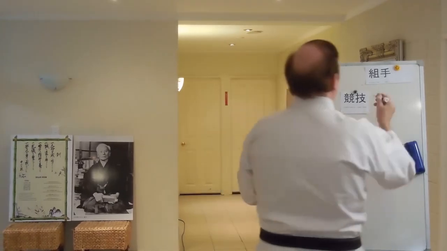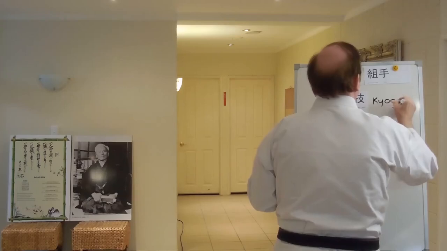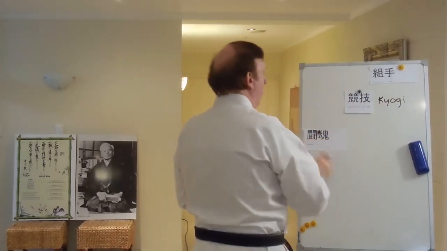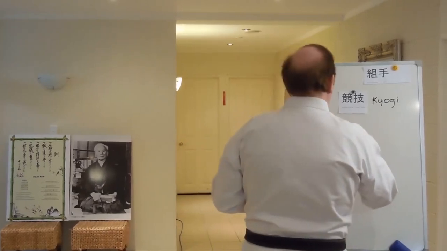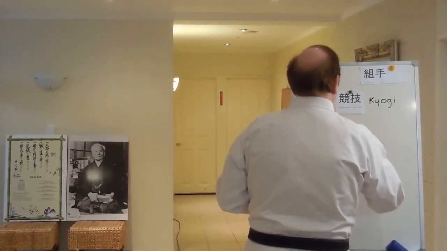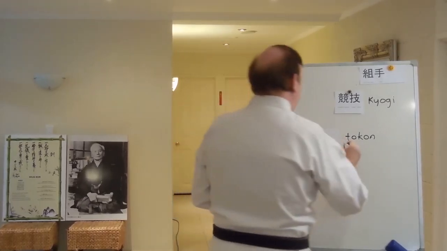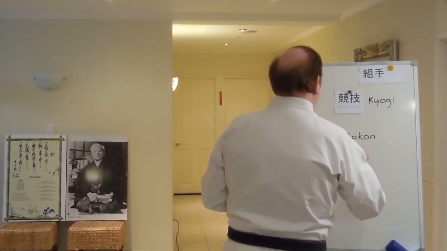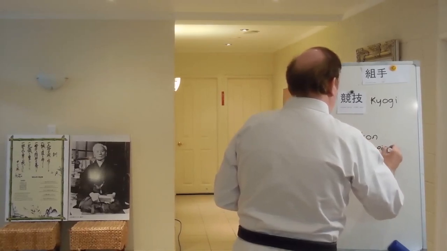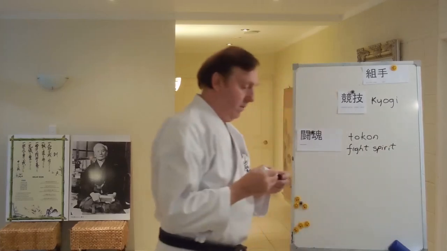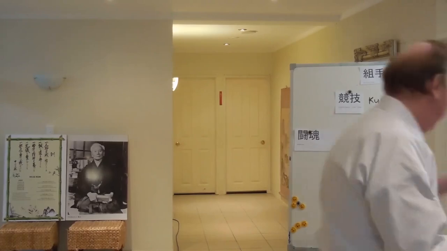This is kyogi. So the first principle is called fighting spirit. This one's called tokon. And tokon means exactly that, fight and spirit. So that's the first principle you have to have for this training.